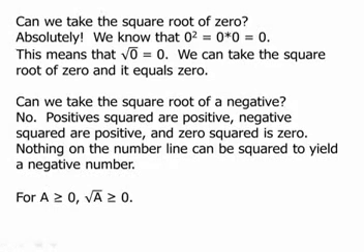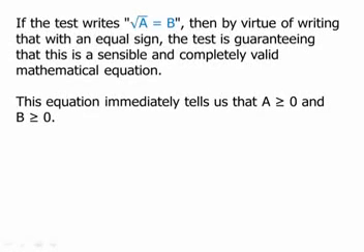So for the purposes of the test, for a greater than or equal to 0, the square root of a is also greater than or equal to 0. If the test writes the equation square root of a equals b, radical a equals b, then by virtue of writing that with an equal sign, the test is guaranteeing that this is a sensible and completely valid mathematical equation.